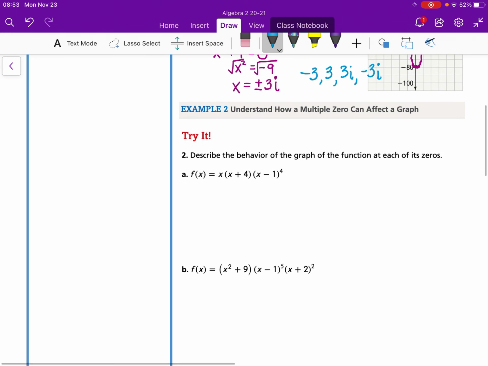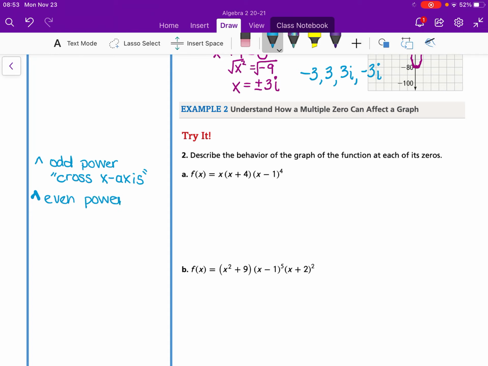All right. Describing behavior. If something is raised to the odd power, it will cross the x-axis. We're going to look at what that means. If something is raised to the even power, it touches the x-axis and goes back.